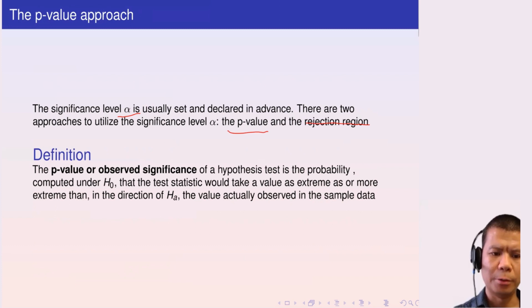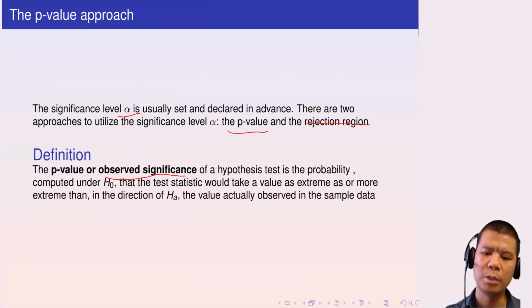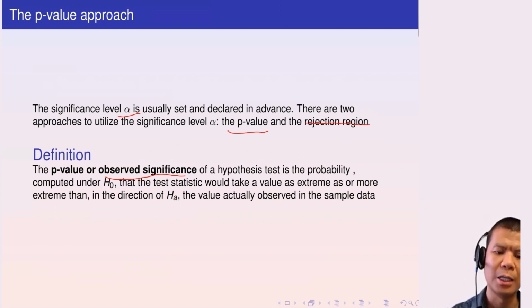So what is the p-value? The p-value, or the observed significance, of a hypothesis test is the probability computed under H0 that the test statistic would take a value as extreme as or more extreme than, in the direction of HA, the value actually observed in the data set.